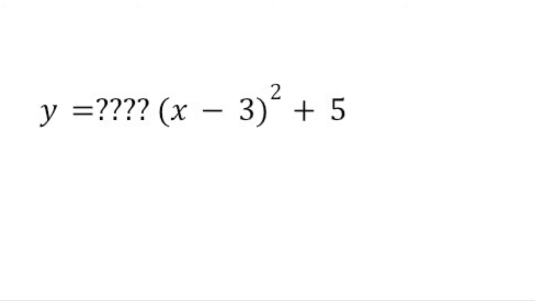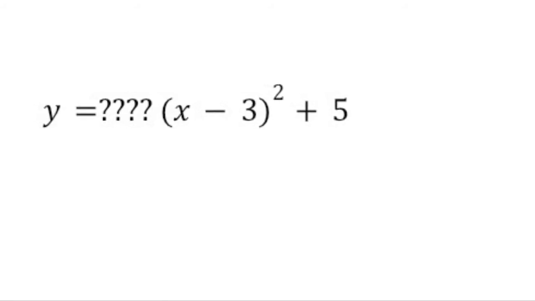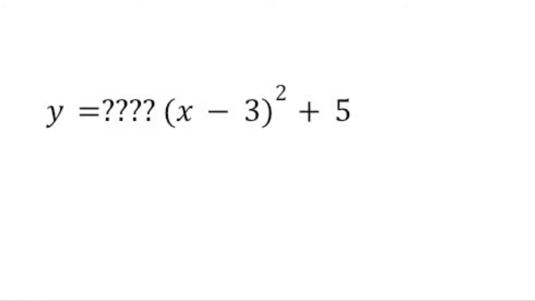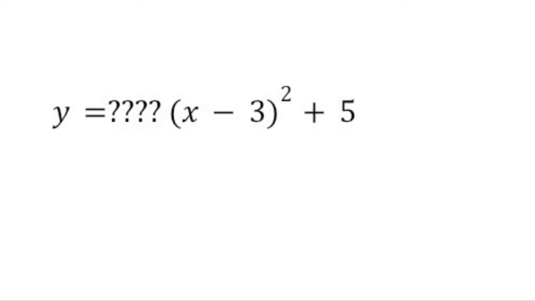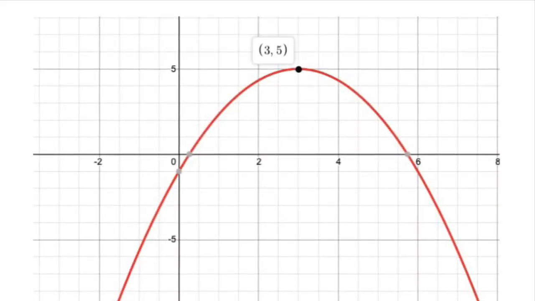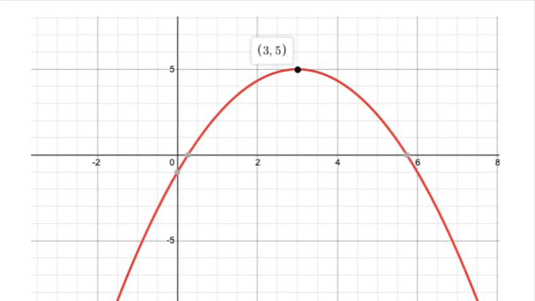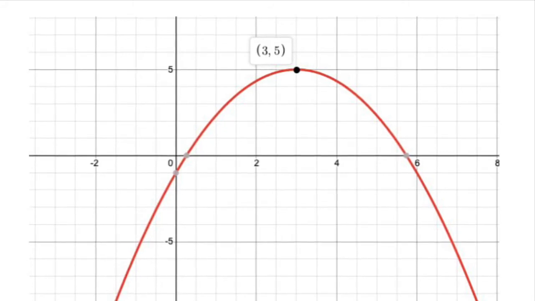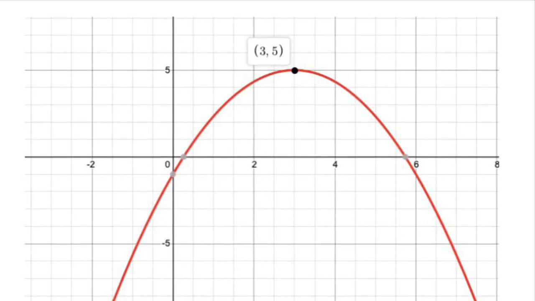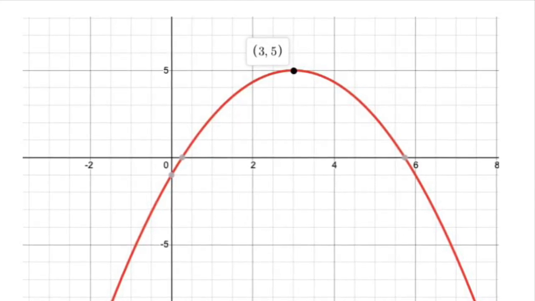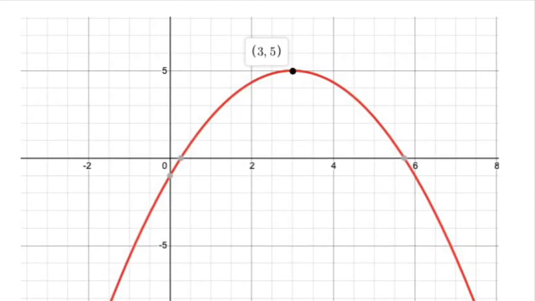So all we need to do now is figure out what is the number or the a in front of that equation so we can find the entirety of the equation. So I know that since the vertex is 3, comma 5, the equation is going to be (x minus 3) squared plus 5. The opposite of 3 is minus 3, and the 5 stays the same.